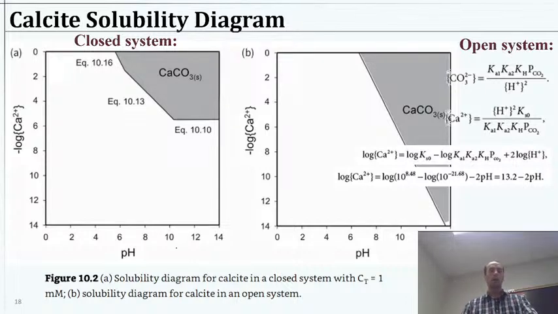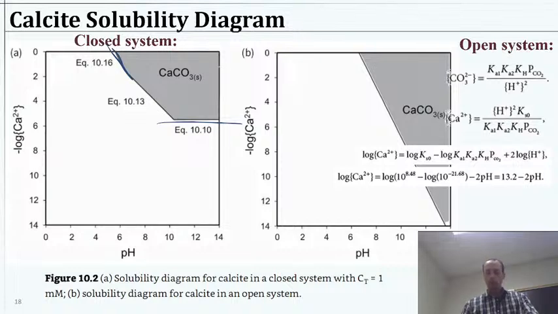So again, we've got a couple pH graphs here with calcium on the y-axis, and at certain pH ranges, one particular equation will dictate, okay, here's the slope, and then maybe at a different pH range we have a different one, and then finally a third one.